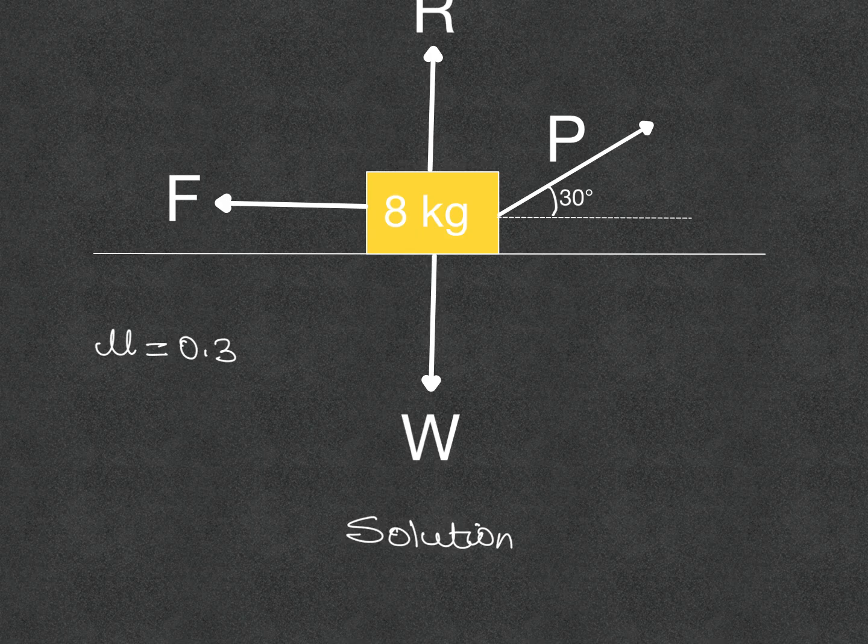So moving on to the solution, let's consider the applied force P and resolve it into horizontal and vertical components. Let's try to draw a line first. Now we're going to have two important forces. The horizontal component is Px, the vertical component is Py.